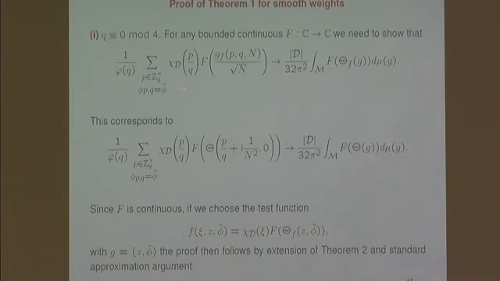Then from here to there, you can use the relation between the Gauss sum and the theta sum on the upper half plane and their distribution. Then you use this test function, and if you combine these three of them, you easily get to the proof of Theorem 1.